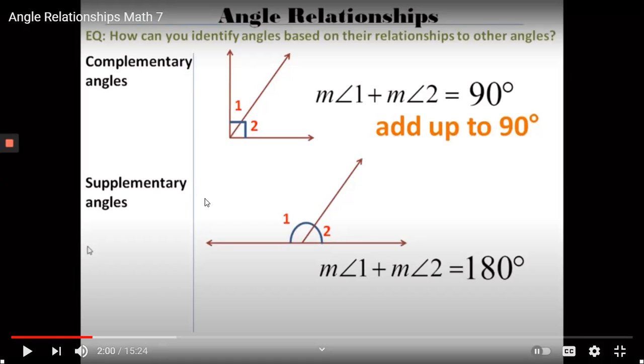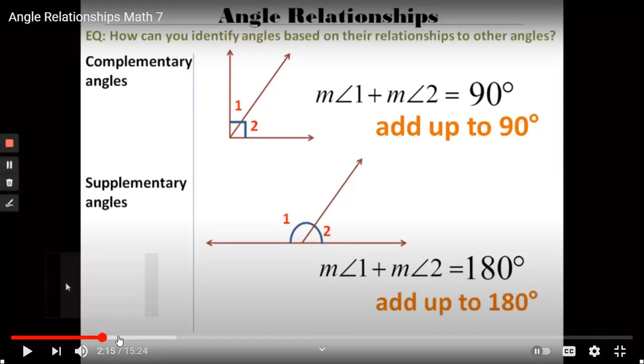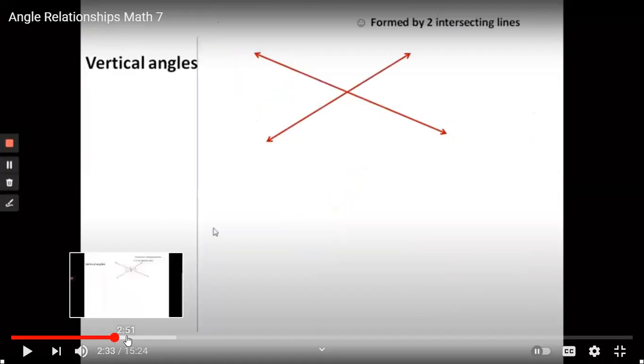When you add them together, the sum will be how many? 180 degrees. Okay, we started with complementary angles, then supplementary angles.